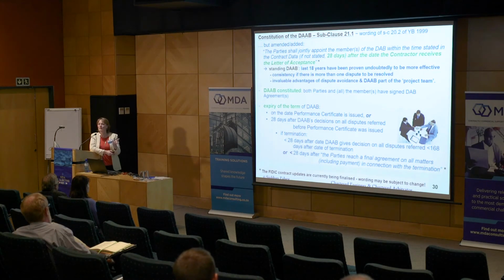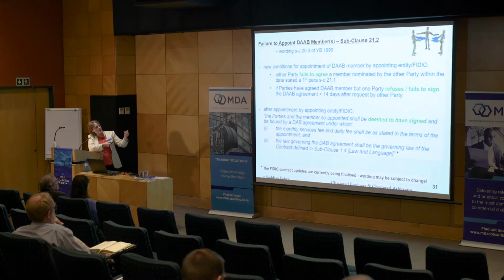Because that also has given rise to quite a lot of disagreements and problems with jurisdiction of the DAB itself. So basically, it's on the date the performance certificate is issued, but if they're handling disputes that were referred to them before that, it's when those disputes have been finished, or if the contract is terminated, there's provisions for that as well.